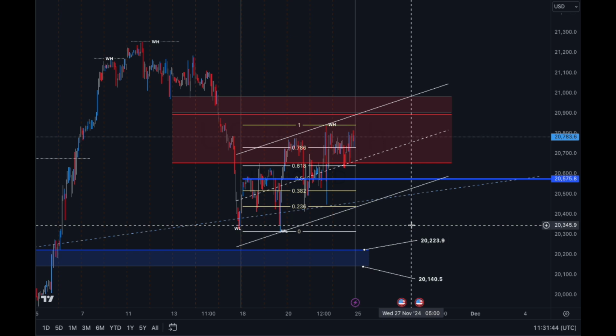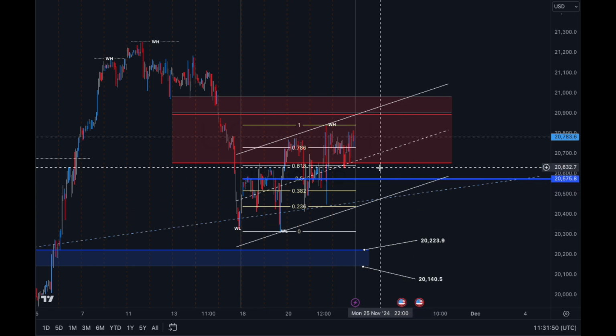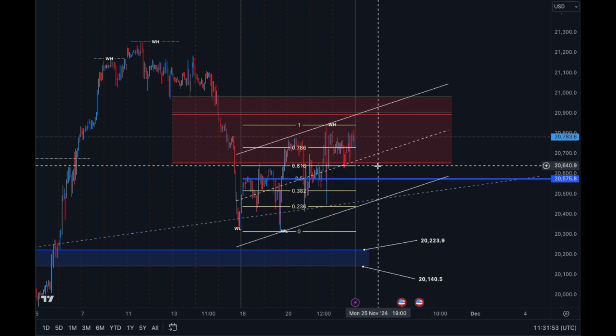So how I will be doing things is this, right? Normally, I would wait for price to come below the FVG, somewhere in this area over here, and then I will think about putting in a trade.